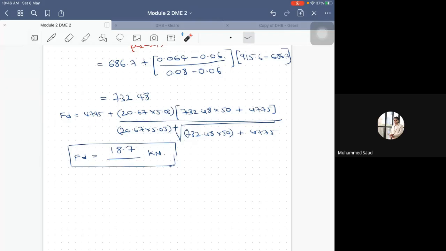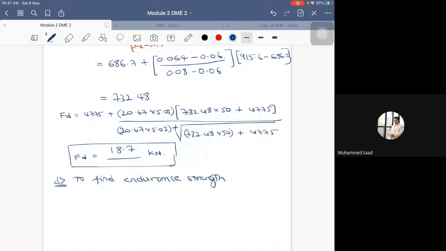Okay. Next, to check FD, we need to find whether it is safe under load or not. So in order to check that, we need to find the endurance strength.